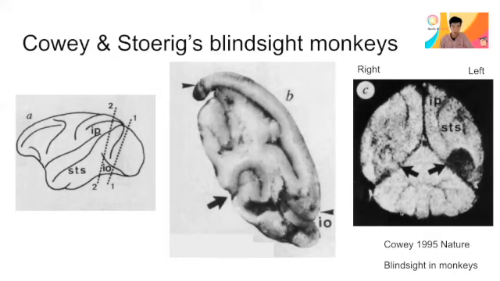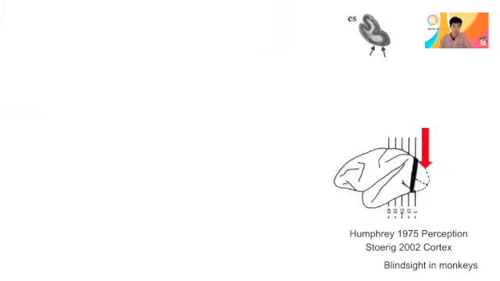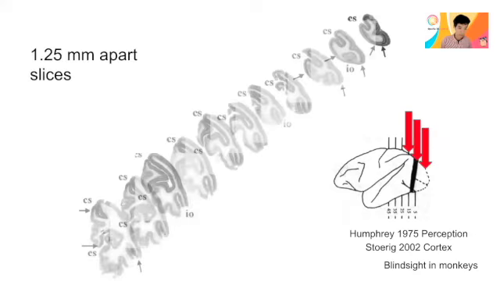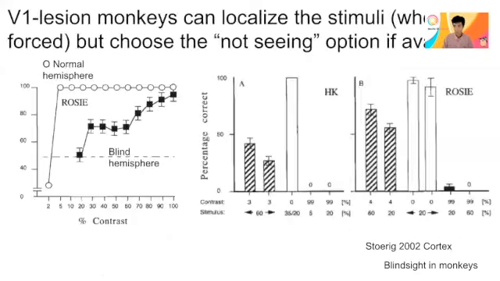There's a hole in the coronal slice. So if you look at only the left hemisphere of the blindsight monkeys, then this black part is the one that is disconnected. That goes all the way from behind until a relatively mid part, and that basically covers V1 of the monkeys cleanly.